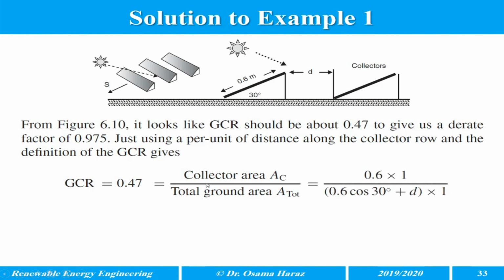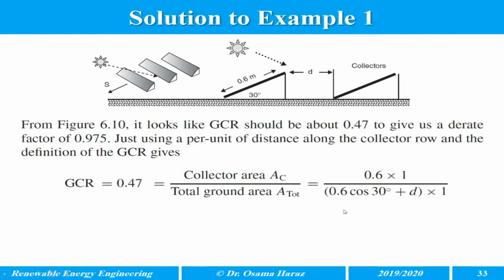So the question is, what is the collector area? It's given in the example. It's 1 times 0.6. This is the collector area. Now the question is, what is the total ground area? The total ground area equals the projection of the 0.6 meter side to the ground plane. So it's 0.6 meter times cosine 30 degrees. Then we need to add distance d between the two collectors. So 0.6 cosine 30 degrees plus d.